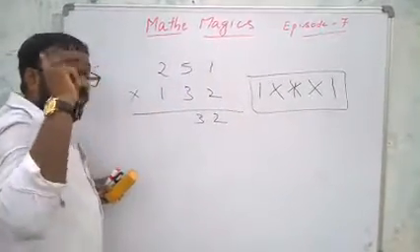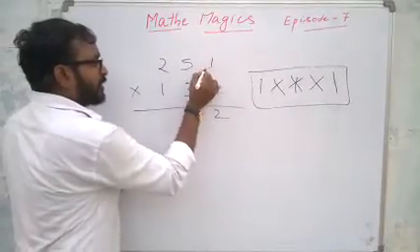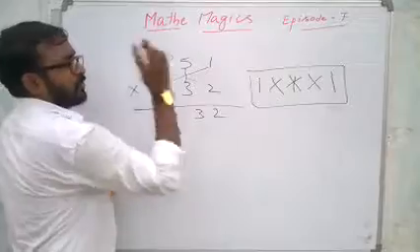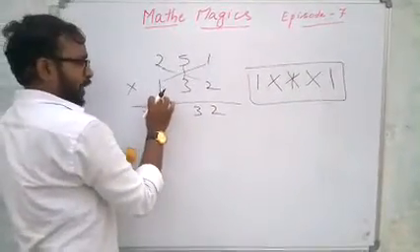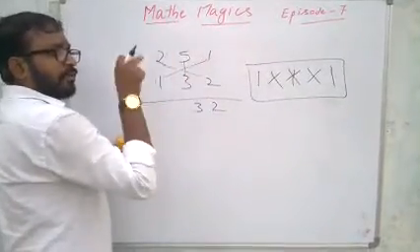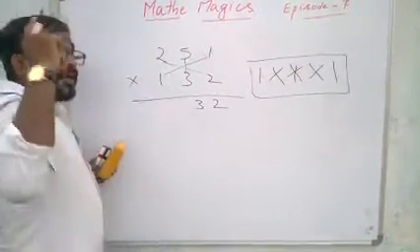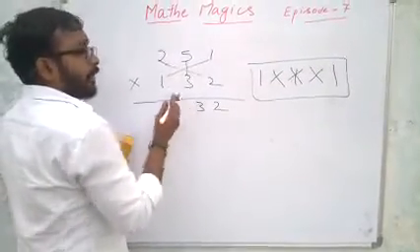Write 3, keep 1 in your brain. Now this one also we should do: 2 times 2 is 4, 1 times 1 is 1, 4 plus 1 is 5, 5 times 3 is 15, 15 plus 5 is 20. Already we have 1 in our brain, that is 21.